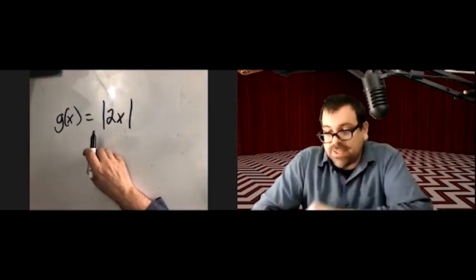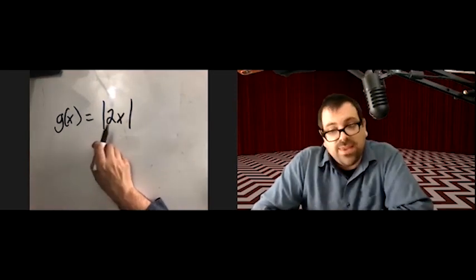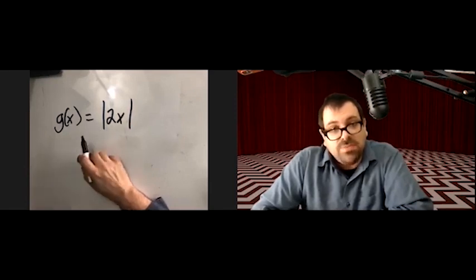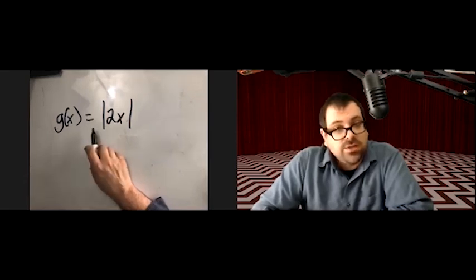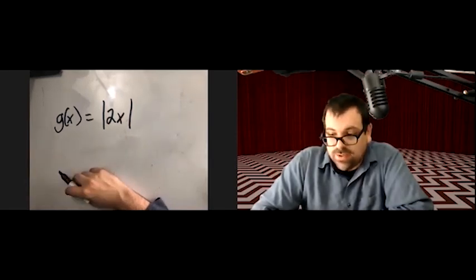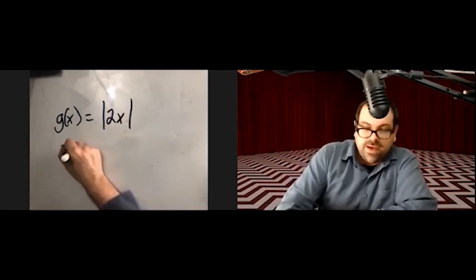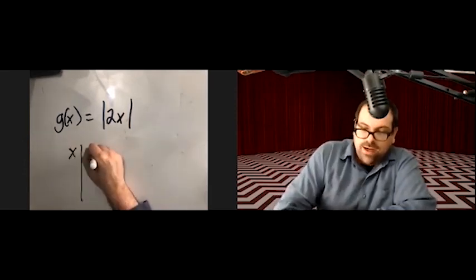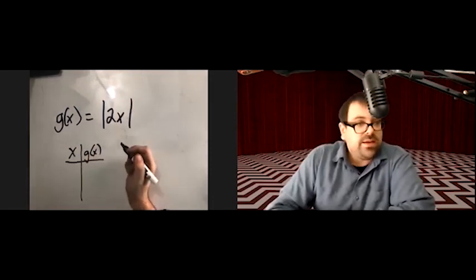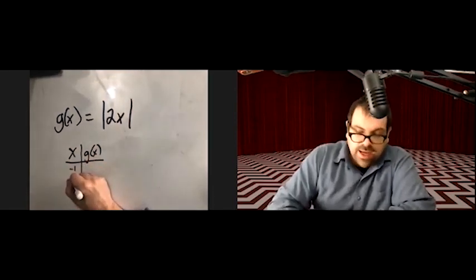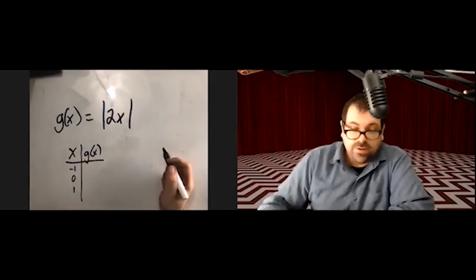Let's see what happens when the 2 is on the inside with the x instead of outside of the whole function. That should be moving things from a vertical talk to a horizontal talk. So the 2 with the x, let's make an x, g of x table again. Let's look at -1, 0, and 1.